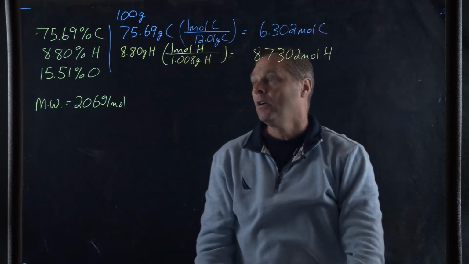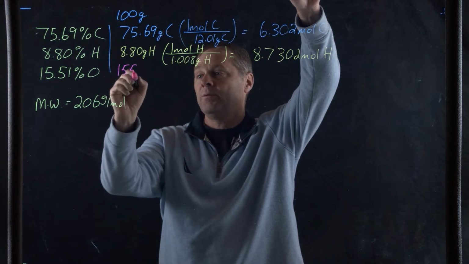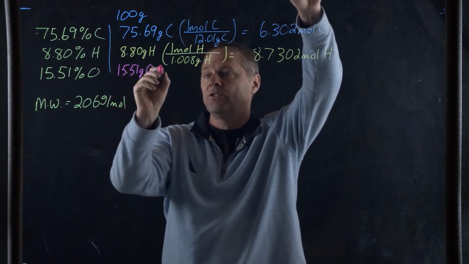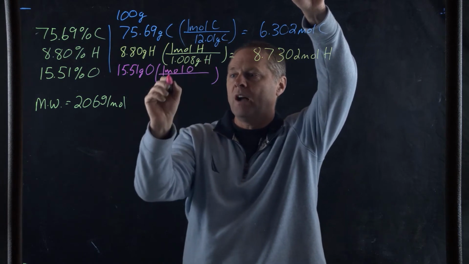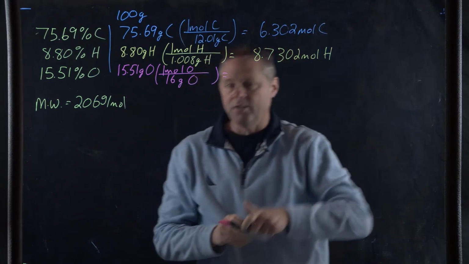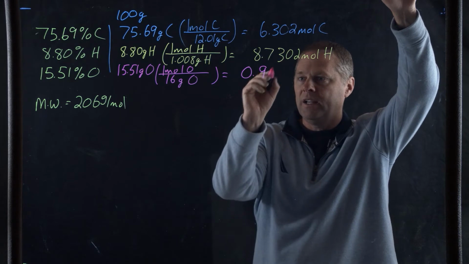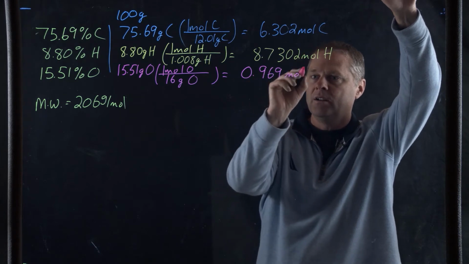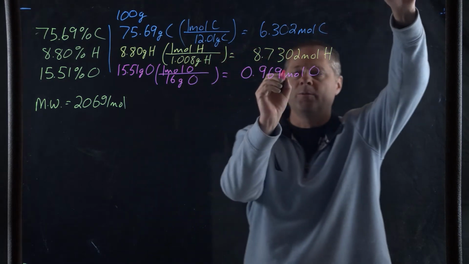Lastly, we have the oxygen. We have 15.51 grams of oxygen. 1 mole of oxygen is 16 grams of oxygen. We do that calculation and we end up with 0.9694 moles of oxygen.